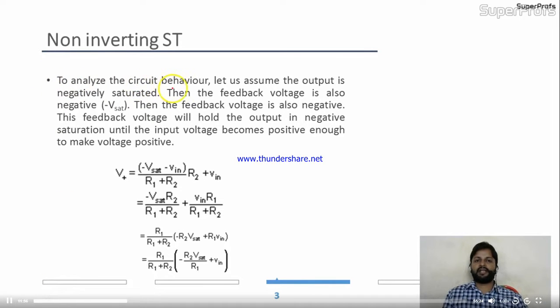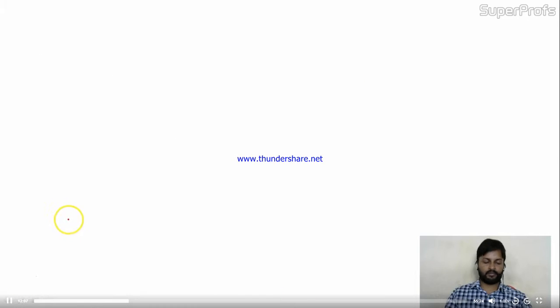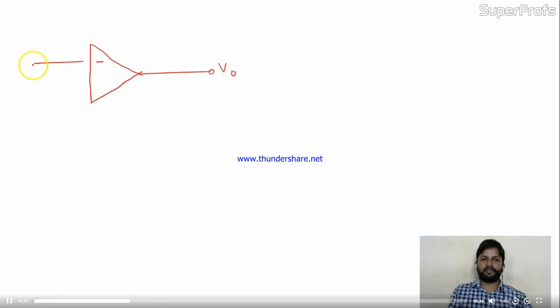To analyze the circuit behavior, let us assume the output is negatively saturated. We assumed this. Okay. Let me show you. The SCHMITT trigger circuit is like this. And remember one thing, this is the non-inverting. The output we are taking over here, the inverting terminal of the op-amp is grounded, no problem at all. And this is the positive.